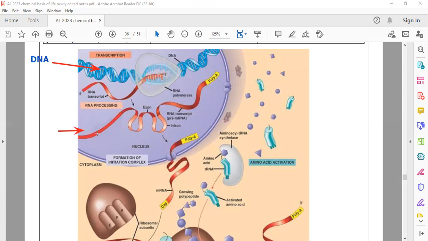This is an mRNA molecule. The mRNA molecule comes out of the nucleus. Can you see that one? The mRNA molecule is made inside the nucleus. Here it is coming out of the nucleus.